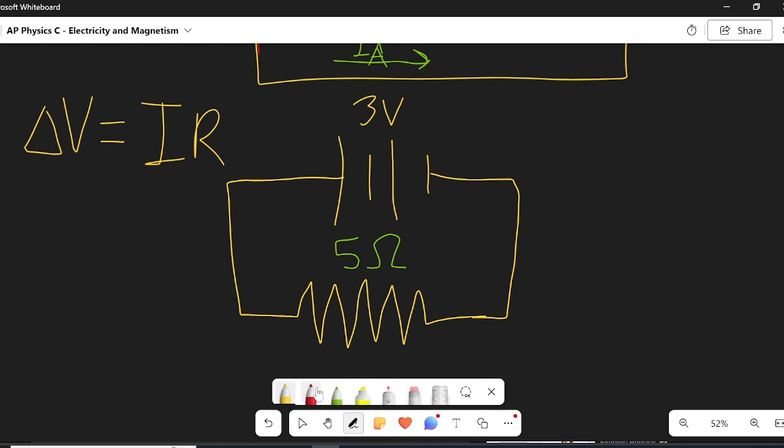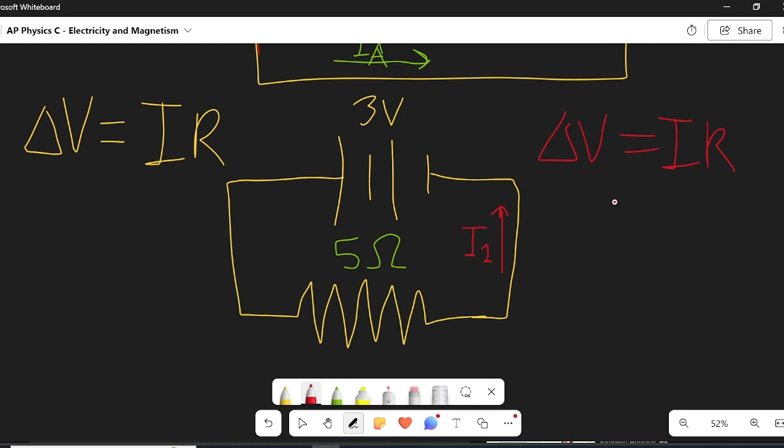So Ohm's law says what? Delta potential equals I times R. And let's say in this case we're solving for the current, I1.